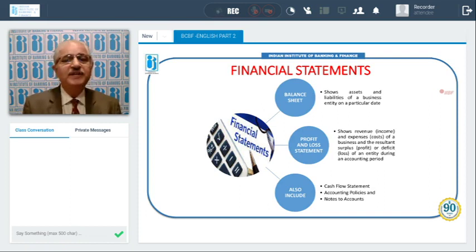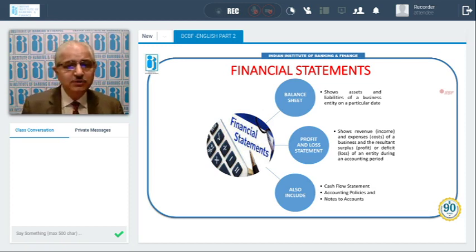So at the end of the accounting period, which is normally once a year, you would like to find out whether you have earned profit or not, and how much profit you have earned, because on your profits you have to pay income taxes. It is possible that you have not earned any profit and you have incurred losses. That's also possible. So you would like to know your profit or loss.